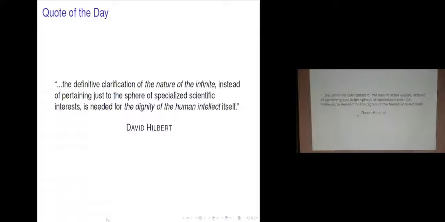So they wanted to restrict mathematics only to finite mathematics. Anything infinite would be excluded because it's dubious to certain people. So Hilbert, as a leader of the mathematics community, wanted to defend infinity. This is one of his famous quotes.